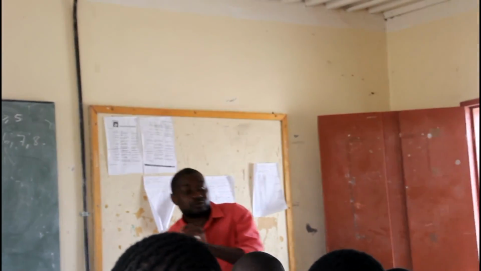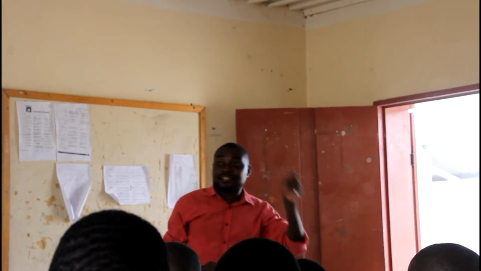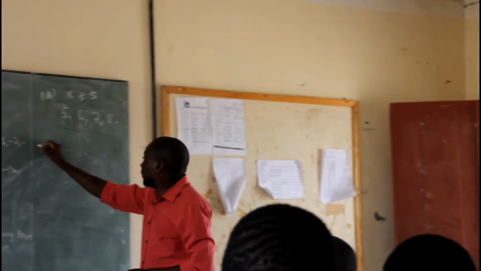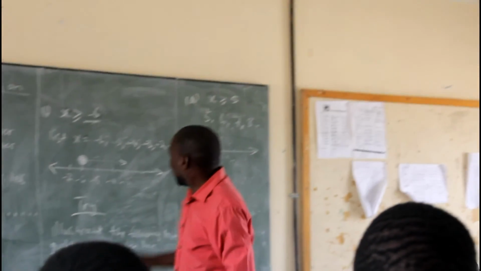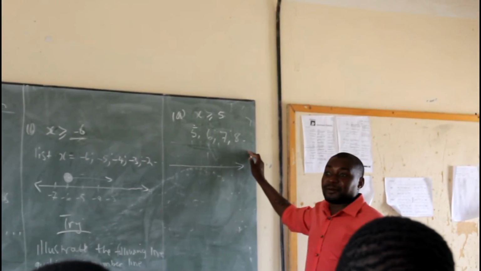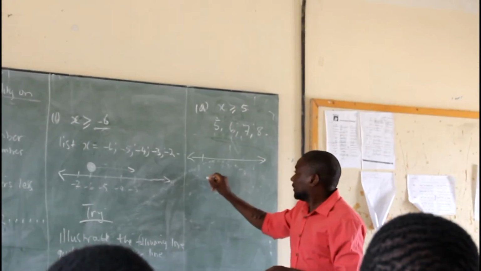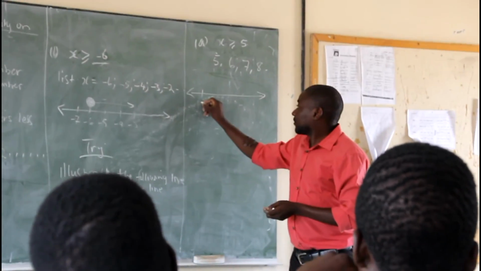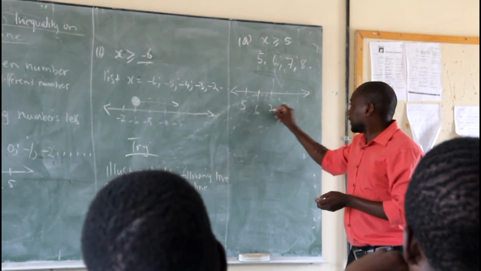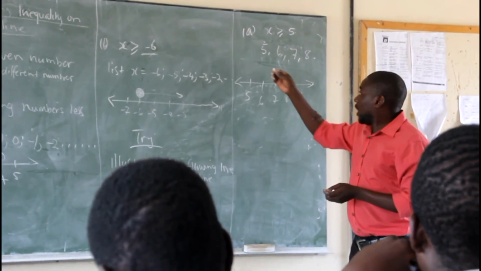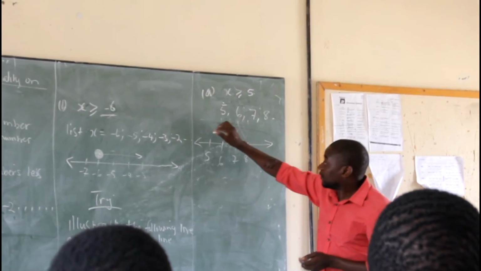It means I have to go to the right hand side direction. When you draw your number line, it means I don't need what? Negative numbers, because all these are positive. Then I'm going this side. Okay, so this is what? 5. Then from here? 6. From here? 7. Now we have to draw the what? The circle above 5.